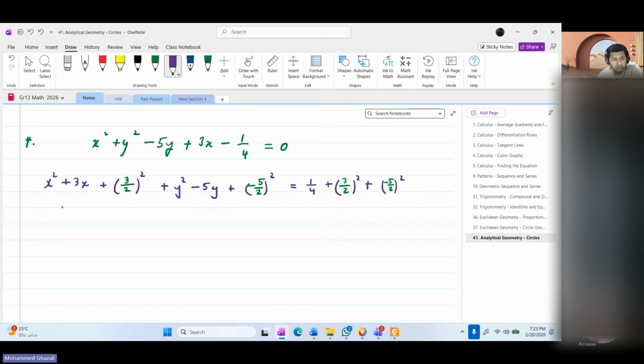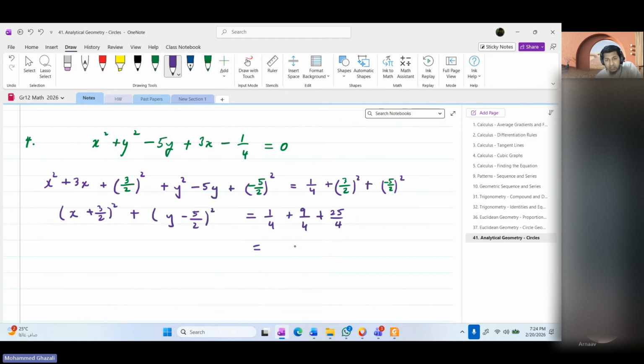Let's continue. So this will become a perfect square. x plus the value of 3 over 2 is just 3 over 2. And over here, same thing. The value of minus 5 over 2 is just minus 5 over 2. Can't be simplified. It is a rational, which equals, you can take quarter plus 9 over 4 plus 25 over 4.